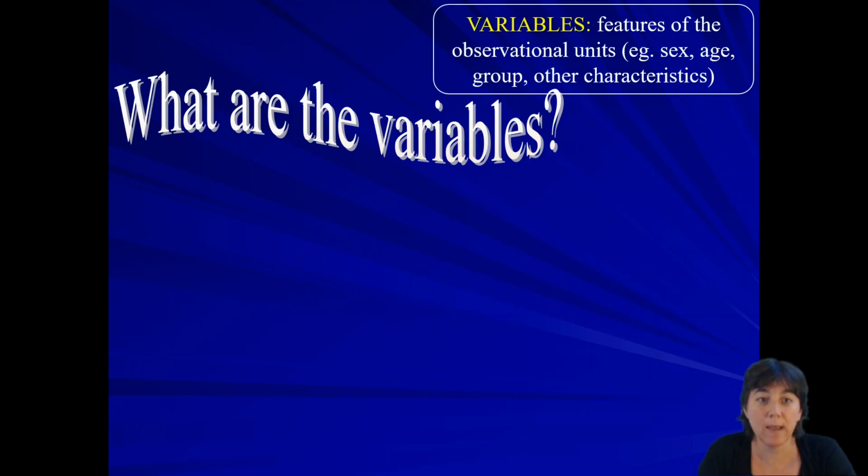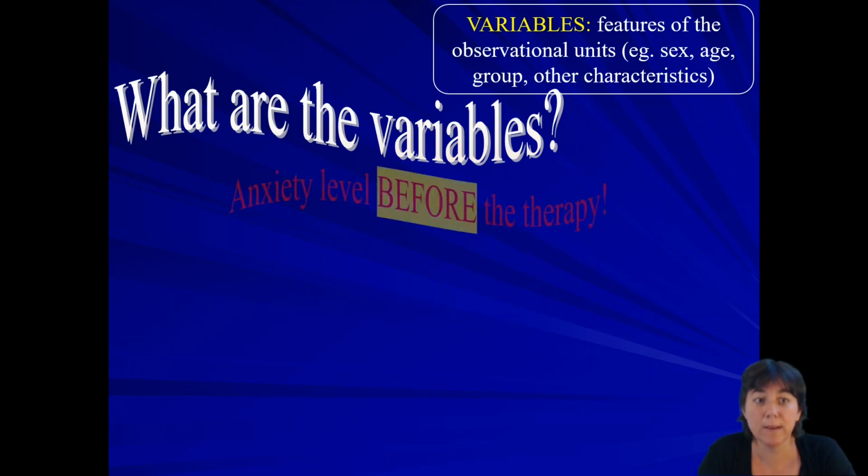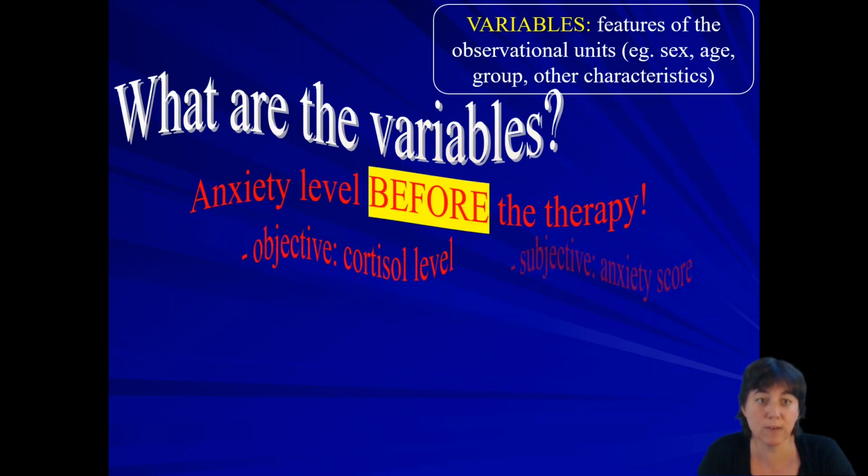And variables are, just a reminder, features of observational units. Here, the most important feature is anxiety level before the therapy. And I had 2 very different ways of measuring it. I had the objective cortisol level measurement, and I also had a subjective anxiety score.